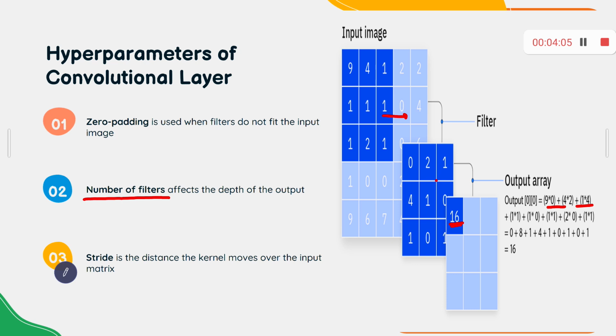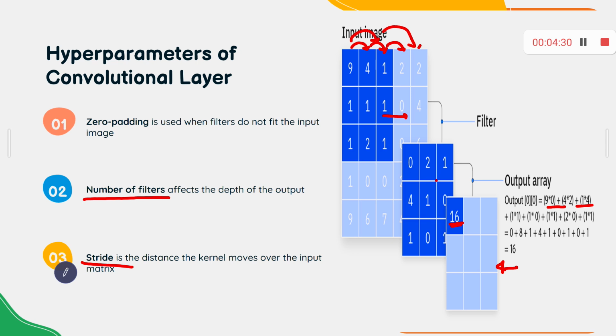Then what is the stride? That will also decide the dimension of the output array. Stride is nothing but how you scan with the kernel. You can go by one column at a time, or you may go 2 columns at a time.